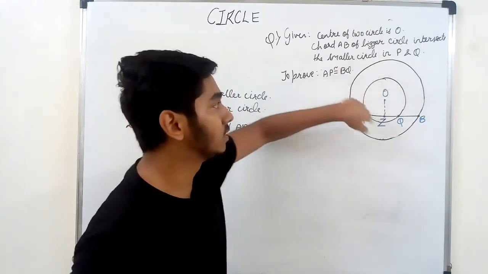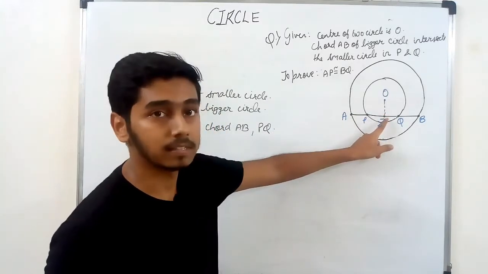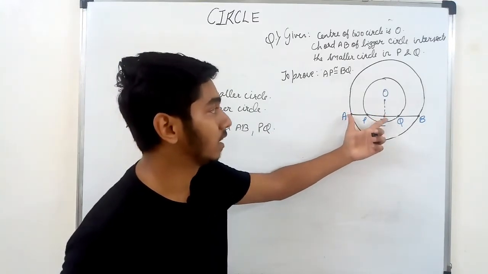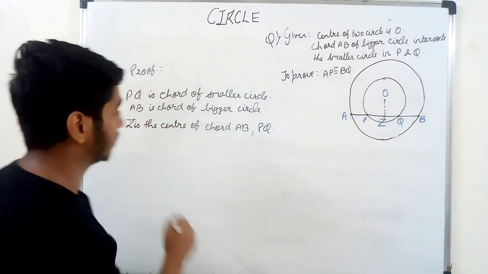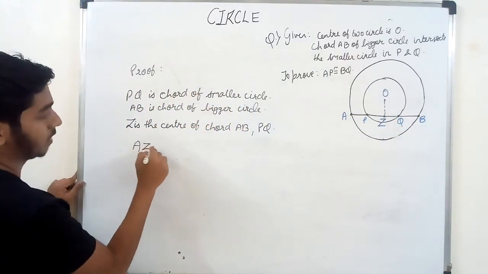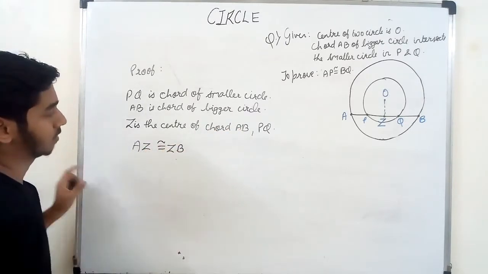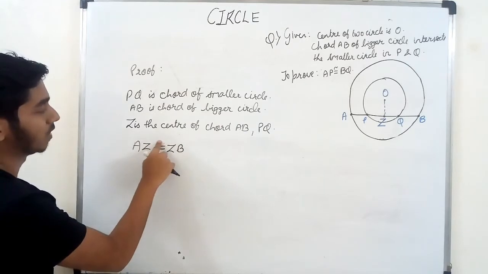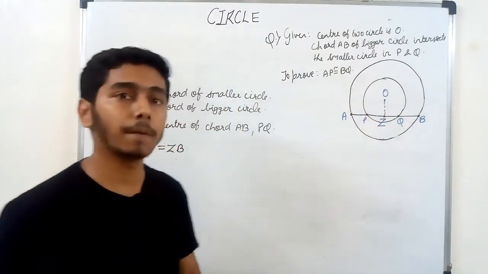Now if you consider the bigger circle, we can say that this center divides the chord of the bigger circle into equal parts. That means AZ is congruent to ZB. Yes or no? Congruent or equal, whatever you call it. So AZ is congruent to ZB.